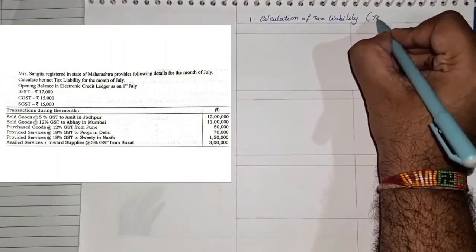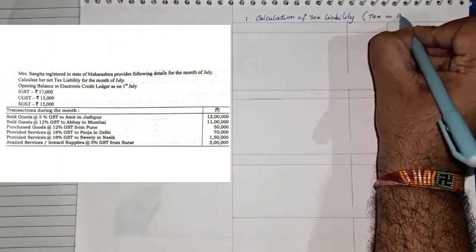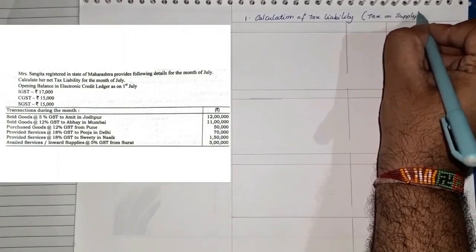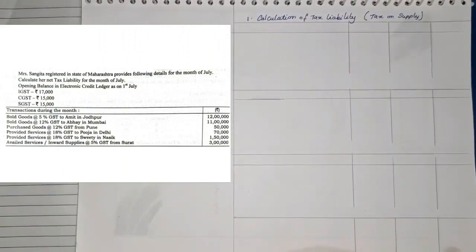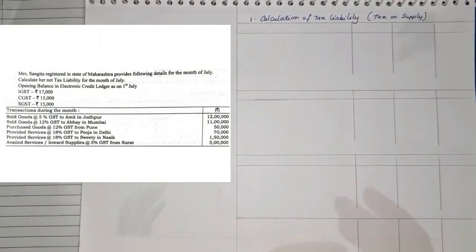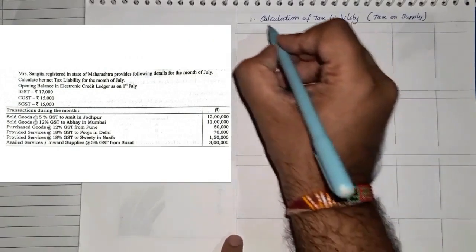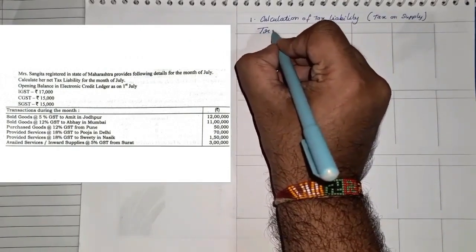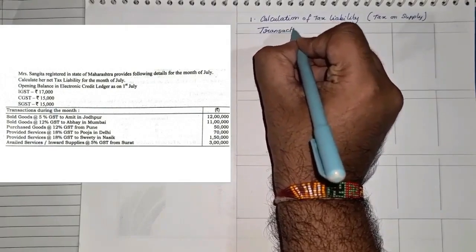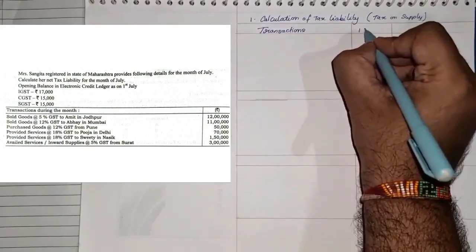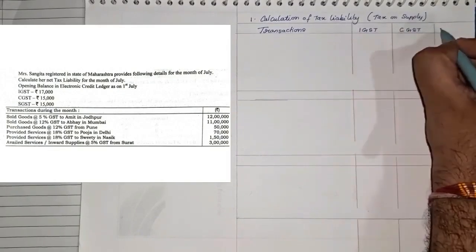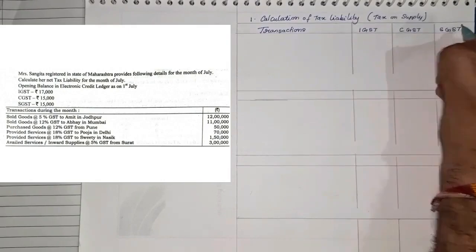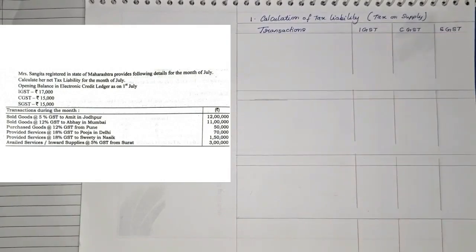This is basically tax on supply, also known as outward tax. Okay, we are finding the tax which you are going to collect basically on supply. Whenever you are supplying, what is the tax that has been collected? The columns will be transactions, IGST, CGST and SGST.